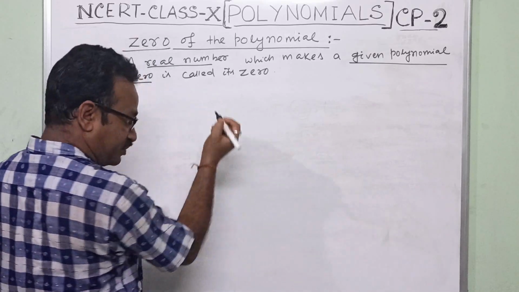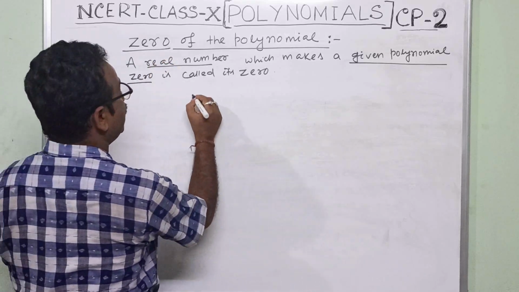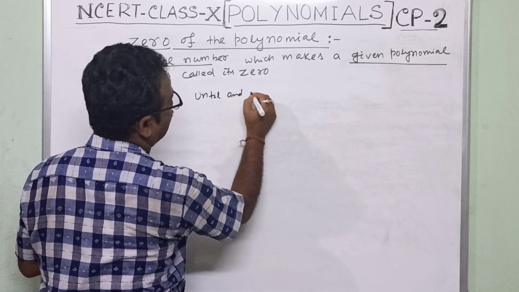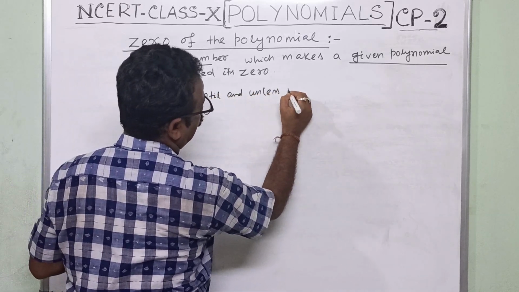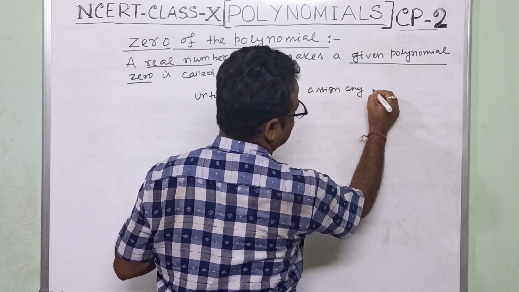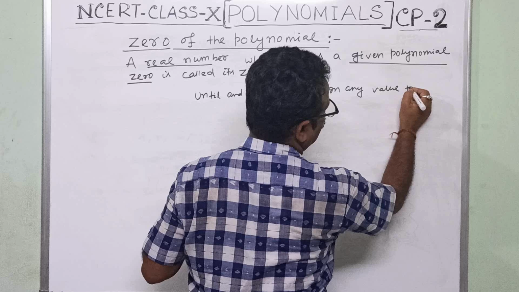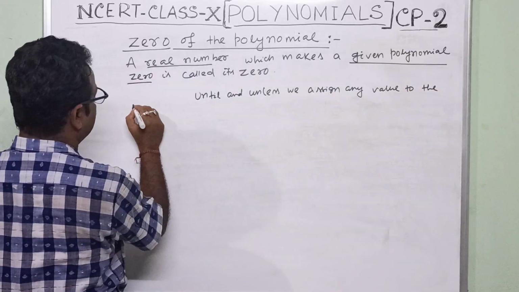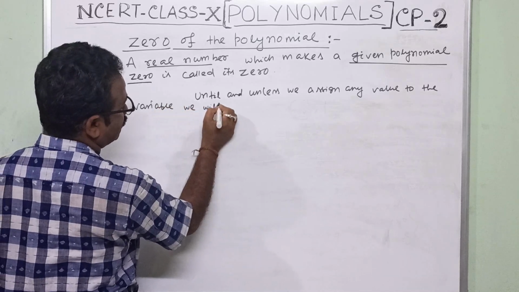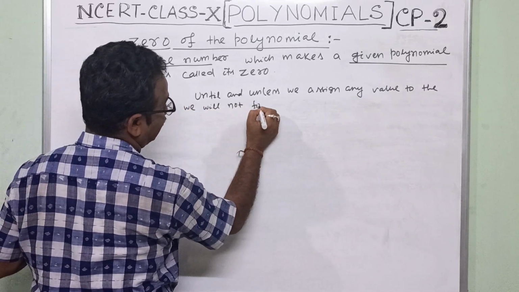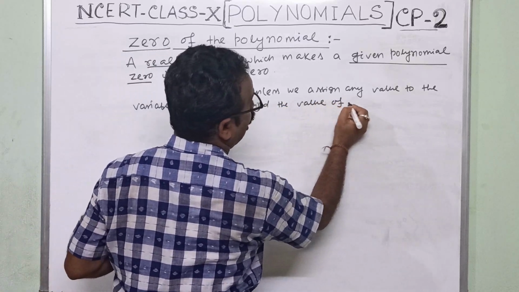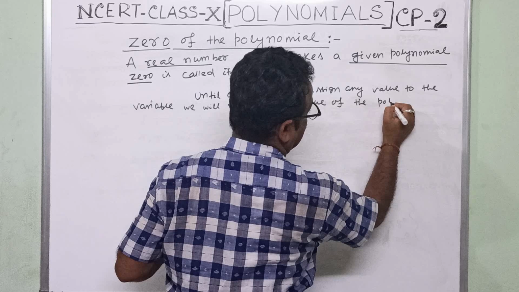So first see, before finding the zero, we say until and unless we assign any value to the variable, we will not find the value of the polynomial.